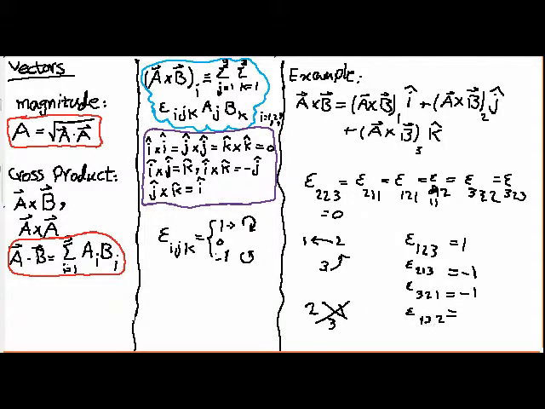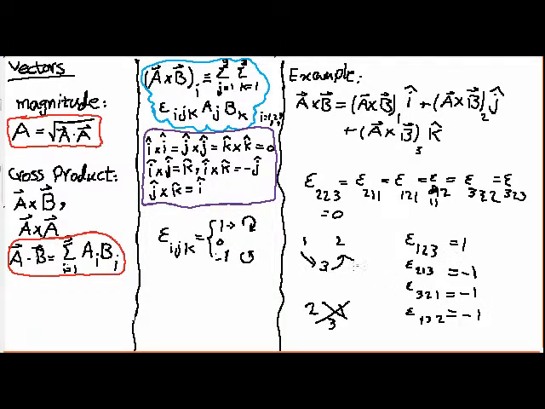Now this one, 1 goes to, oh I'm sorry, 1 goes to 3, not 2. Okay, let's erase these. 1 goes to 3, 3 goes to 2. So again counterclockwise.